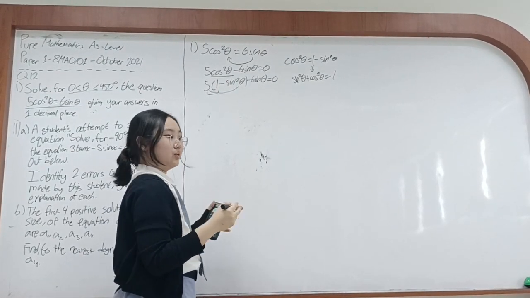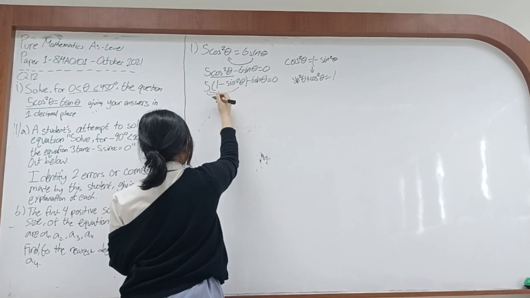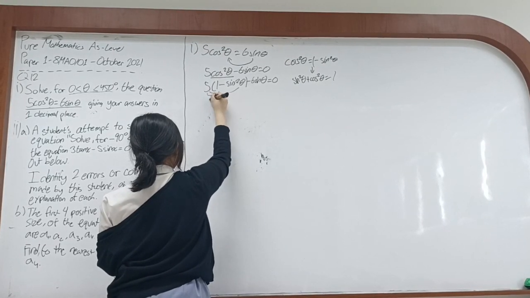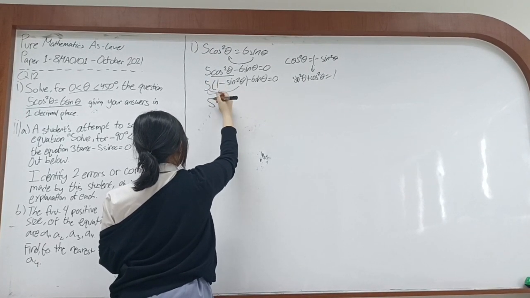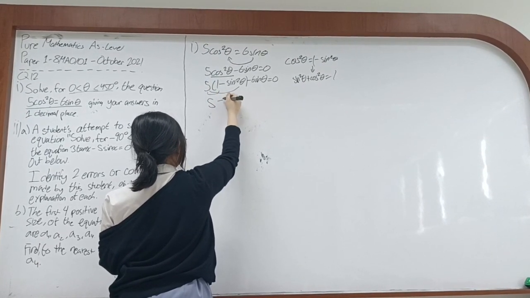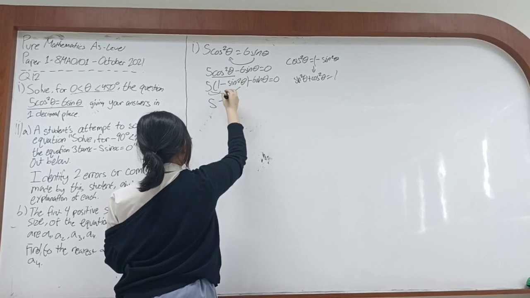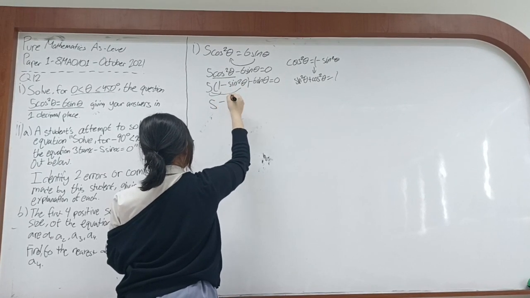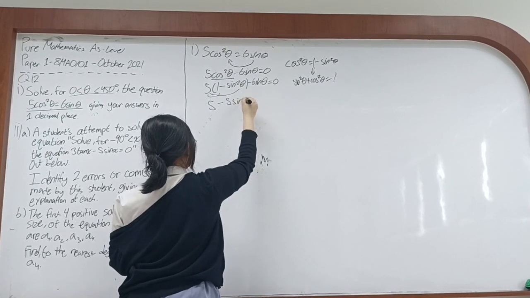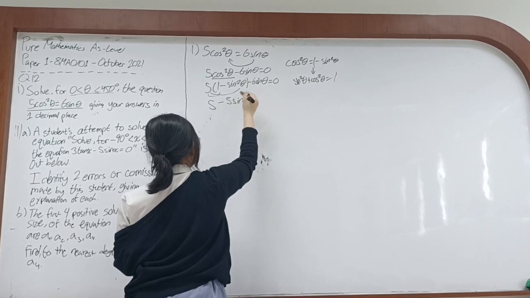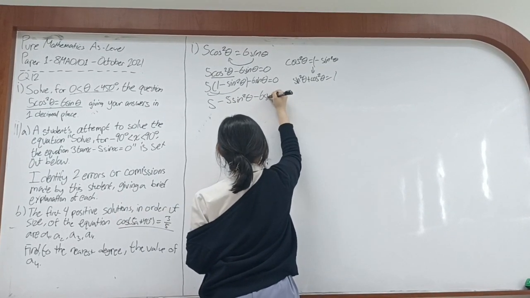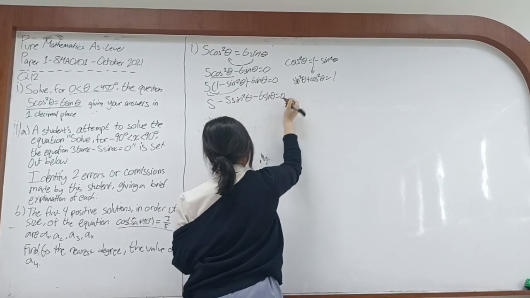It's up to you how you want to do it. Do whatever is simplest. But let's make it simpler this way. So 5 times 1 is 5, minus sin squared theta times 5 is 5 sin squared theta, minus 6 sin theta equals 0.